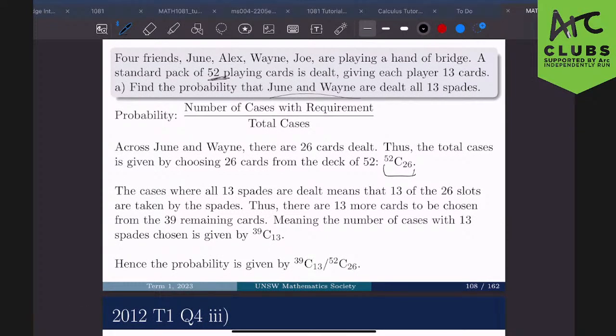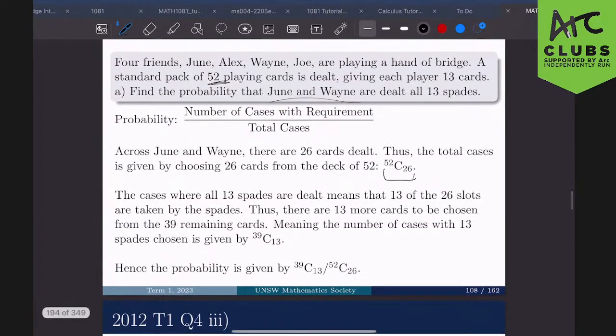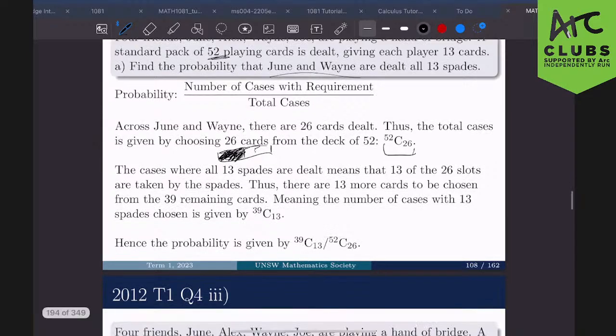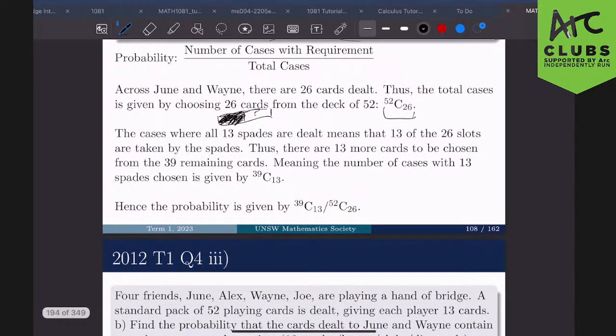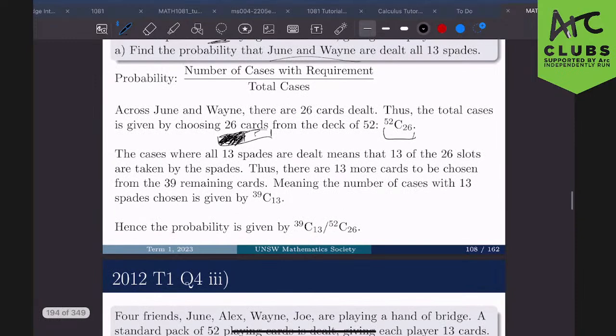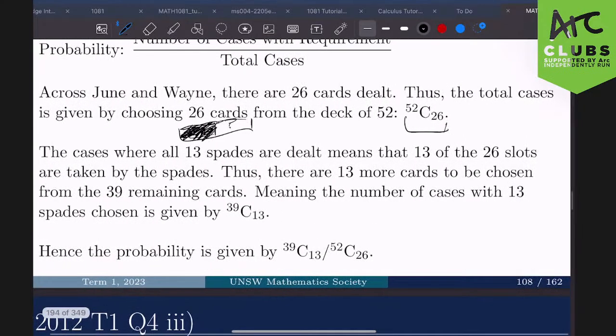So what you do is you can just autofill the 13 of the 26 cards that they can get with the spades, and then you just calculate how many remaining cases are left, which is much easier to think about, other than trying to create each combination.